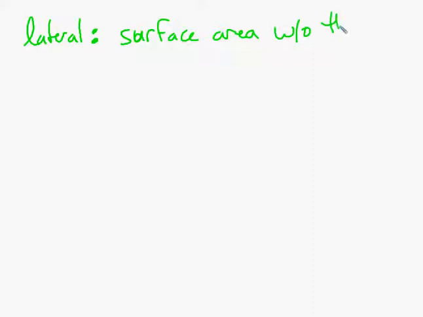All right, definition. Lateral surface area, because we didn't formalize this last year. Lateral. This is going to be the surface area without the base. So when we are talking about a pyramid, say I have a square pyramid here.